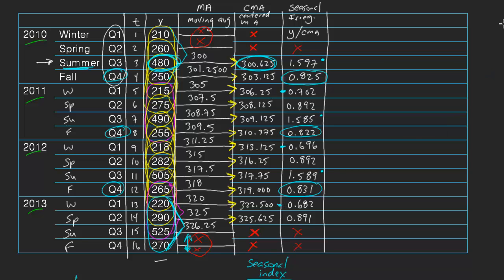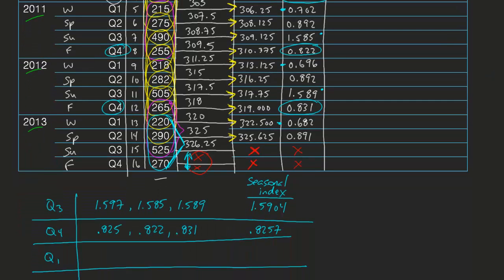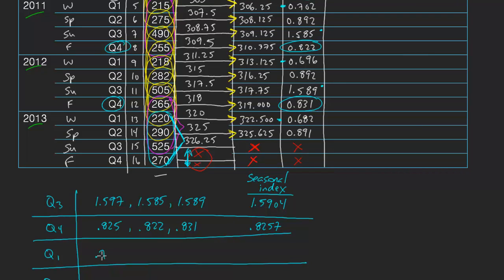So let's take these readings, the first one being 0.702. The next one is 0.696. The next one is 0.682. The average of these 3 is 0.6935.